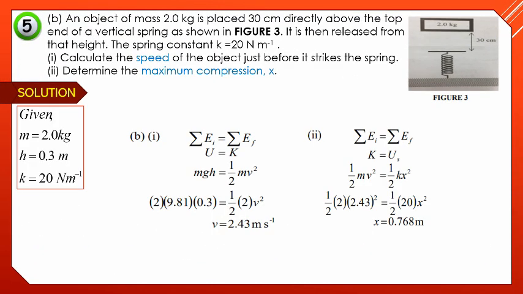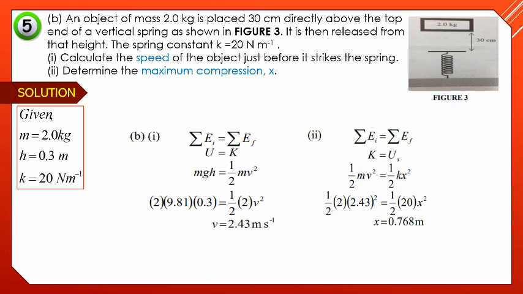Referring to figure 3, we need to calculate the speed of the object before it strikes the spring, and also determine the maximum compression of the spring. We use the conservation of energy to calculate the speed, where the potential energy of the object is equal to its kinetic energy before it strikes the spring.